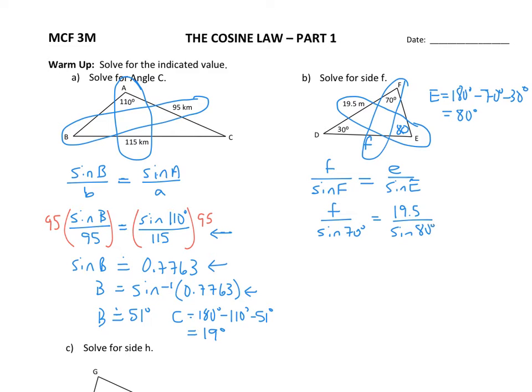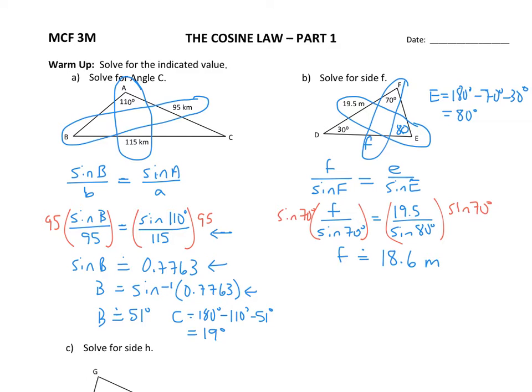Before I throw it in the calculator, I want to get F by itself. I'm going to multiply both sides by the sine of 70 degrees. You always want to make sure your calculator is in degree mode for these, because those are the units that we are using here. And I'm just multiplying this out, and I got 18.6 approximately here, and that's going to be meters according to my units there.